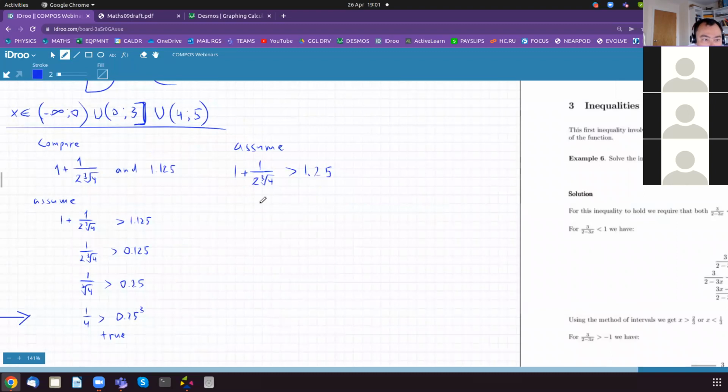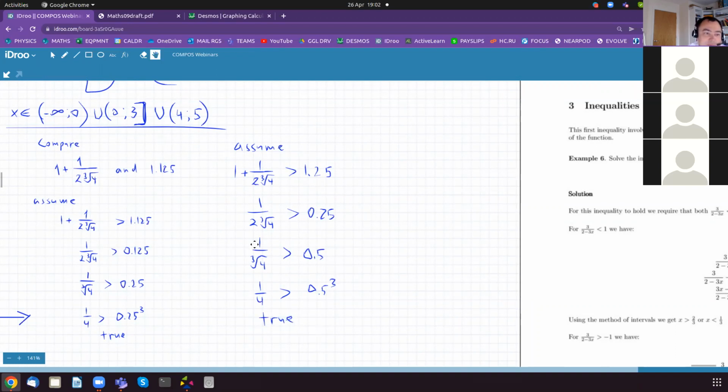Then 1 over 2 cube root of 4 is greater than 0.25. 1 over cube root of 4 is greater than 0.5, which is, okay, I need to be very careful here. So 1/4 is greater than 0.5 cubed, which is true.